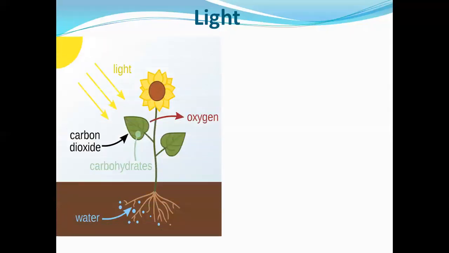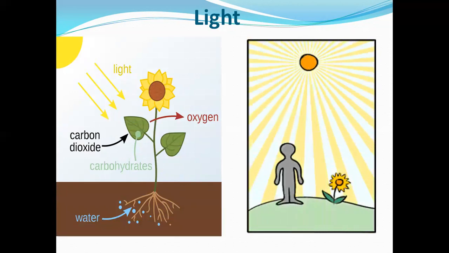So let's talk in some more detail about the light. Light is a very important factor for the survival of every living organism on the earth. Because first of all, plants produce their food in the presence of sunlight.